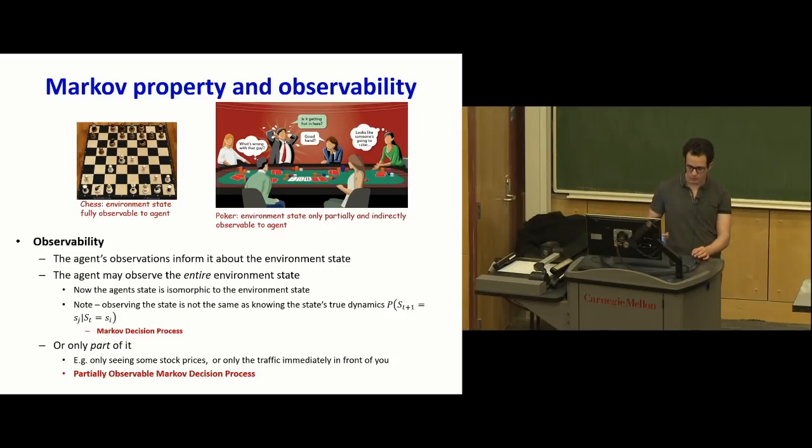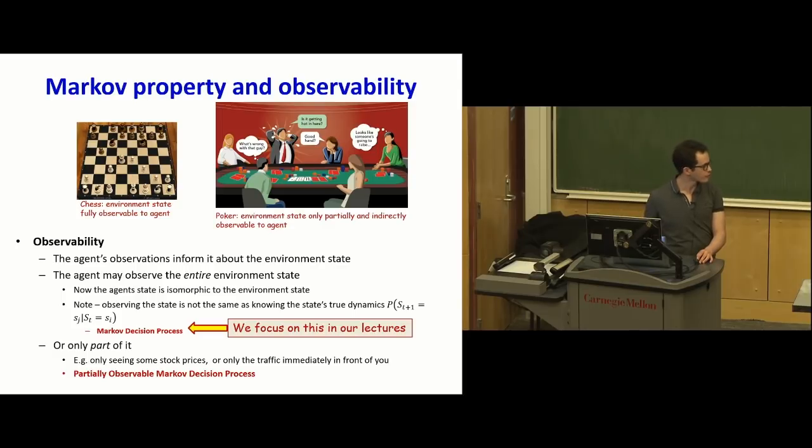So to finish that part, if you observe the entirety of the environment state, then the states that you make with those observations are going to be Markovian, and you're in a Markov decision process. But if you're only observing a subjective part of it, then you may end up in a partially observable Markov decision process, but that's way too hard, and we're only going to do the first one.